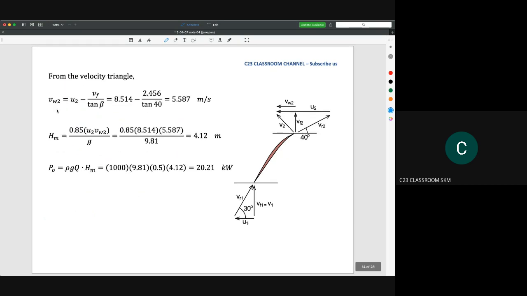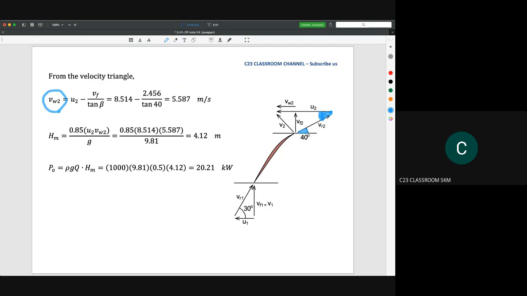So and then we need to calculate the value of V2. To get the value of V2, we could again look to our velocity triangle. We have a 40-degree angle here, so we also have the same angle at this one.